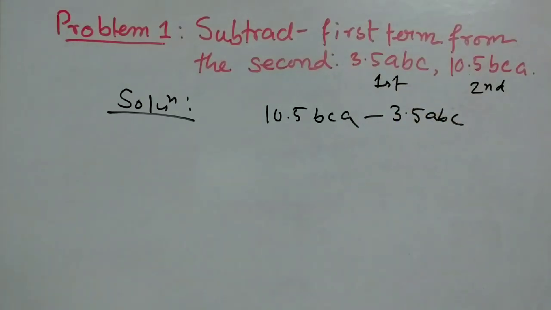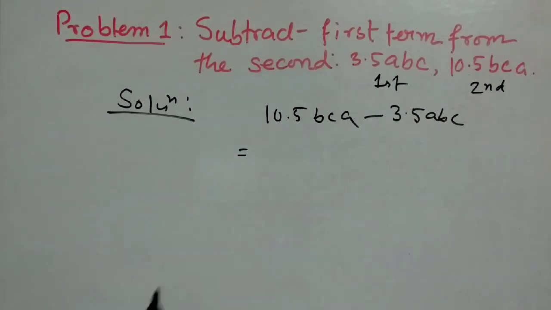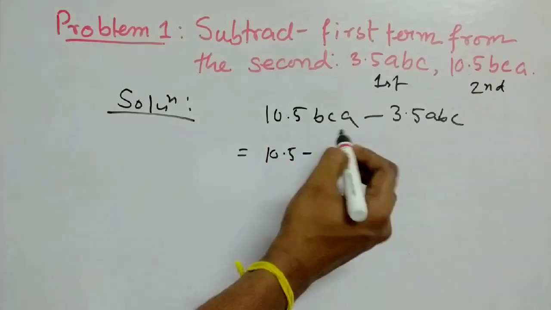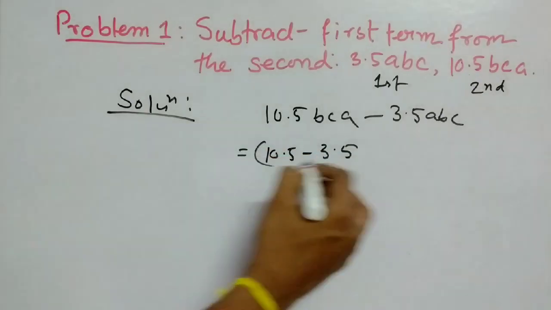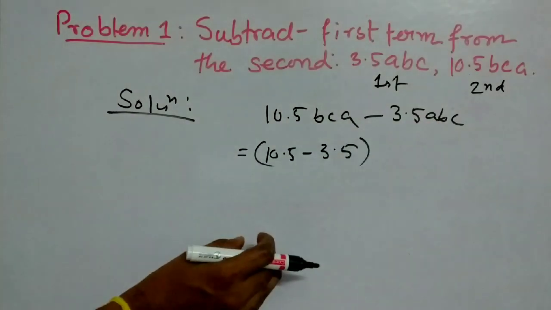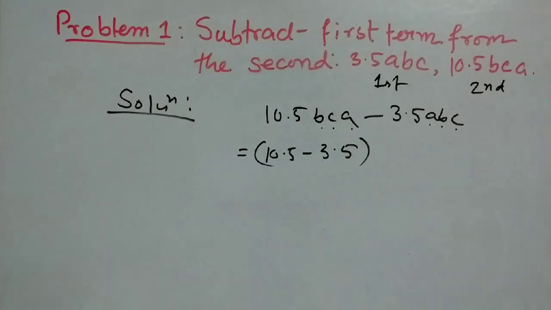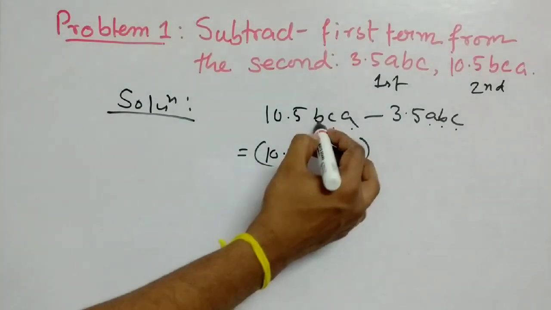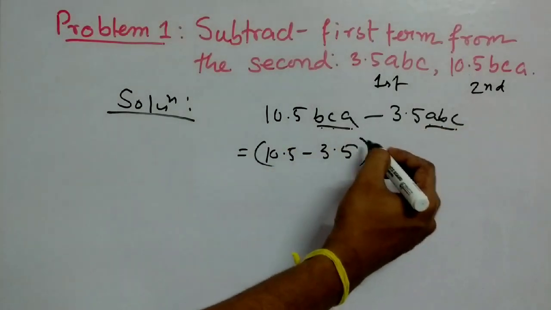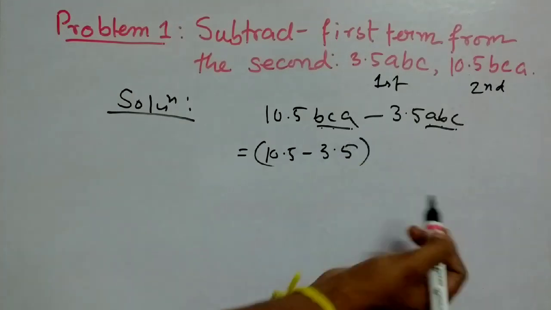So, I am doing it in row method. It is your choice. You can use a column method also. So 10.5 minus 3.5. I have already told that the coefficient will be taken after we check whether it is a like term or not. See, BCA and ABC, they both are like terms because the product of ABC and the product of BCA are the same.